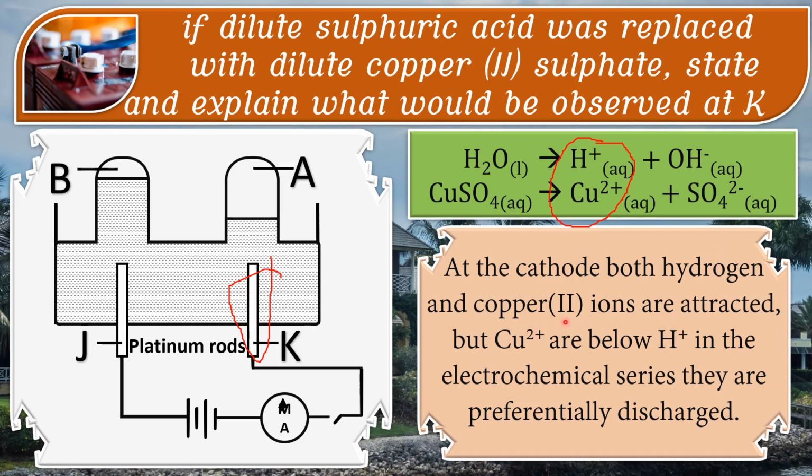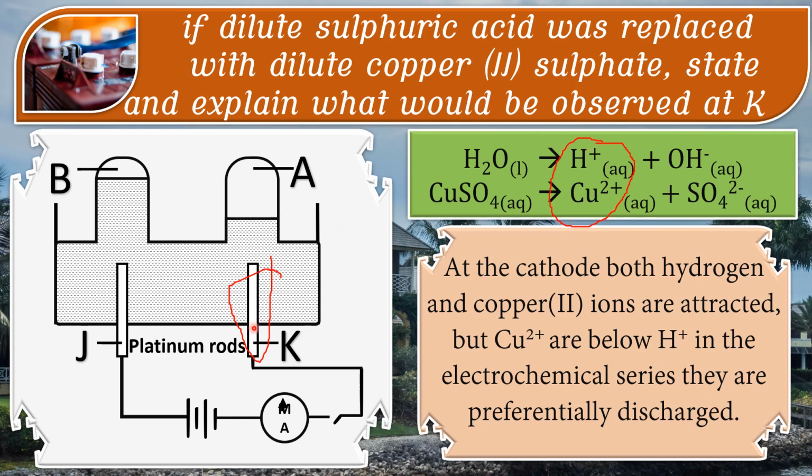But because copper is below hydrogen in the electrochemical series, the copper 2 ions are the ones that are preferentially going to be discharged.